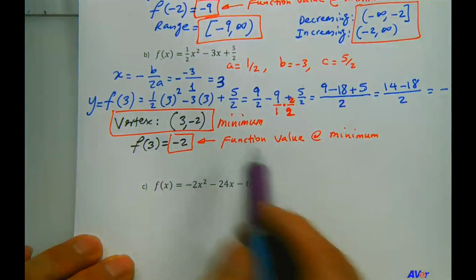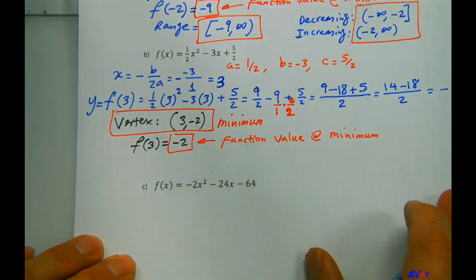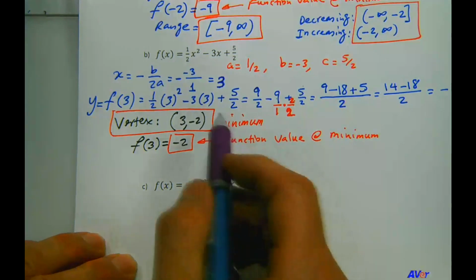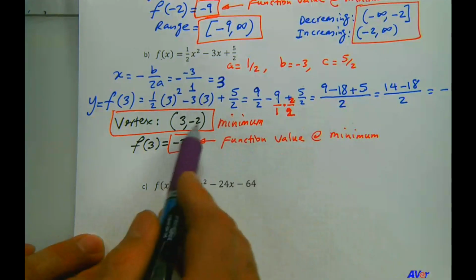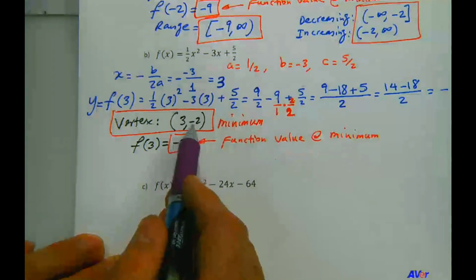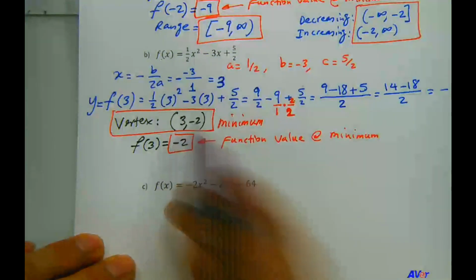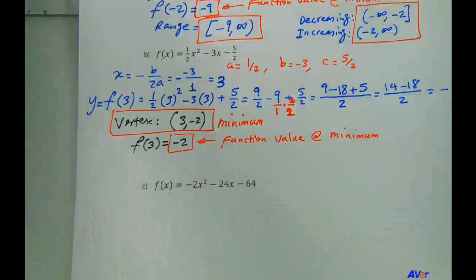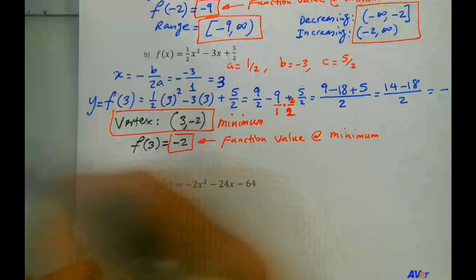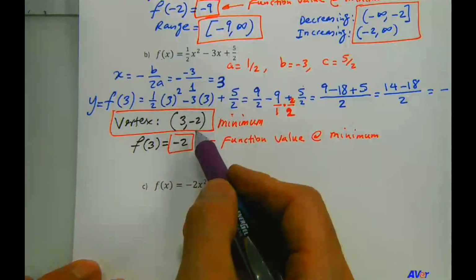All right. So what else do they ask us? They ask us to give the range. Okay. So if this is the minimum, then after that the graph is continuously increasing. That's the minimum with respect to the y-axis.